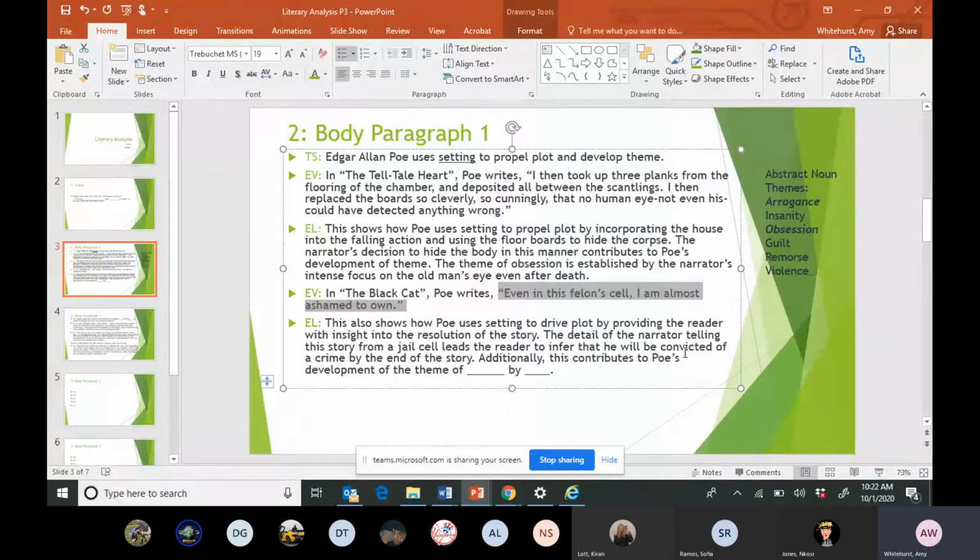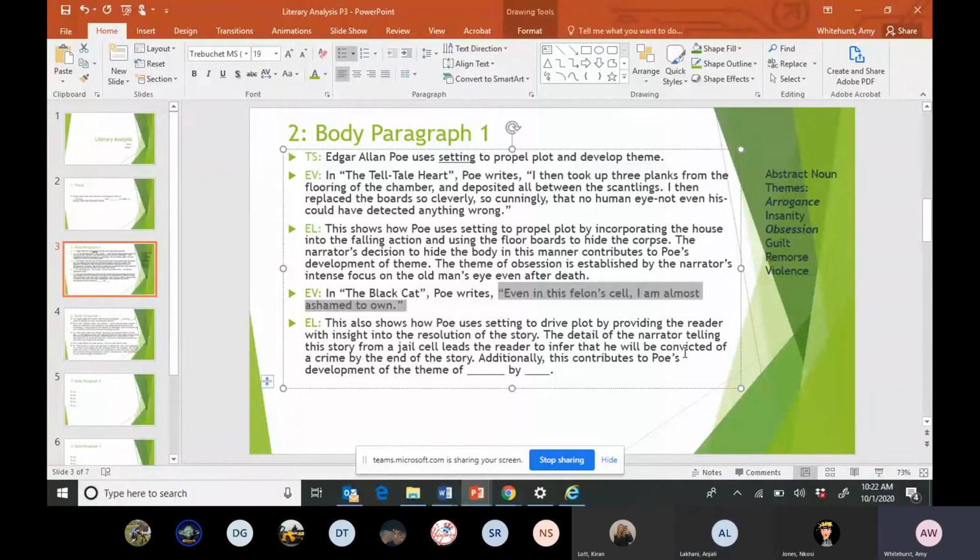Does anyone else have a different abstract noun that they think relates to this piece of evidence? I think maybe remorse, because it shows that he's in jail and he's ashamed of what he did. Yeah, I was kind of leaning that way as well.